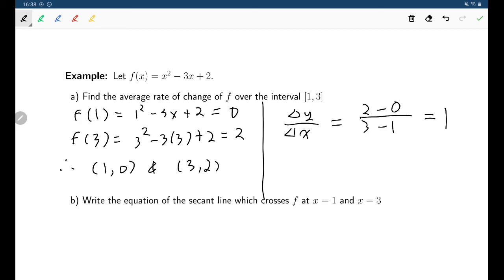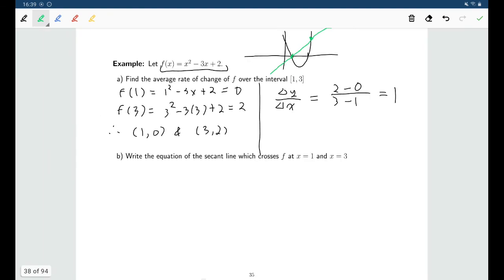So that means that if we were to graph f of x, and whatever it happens to look like, and we haven't talked about how we would graph this function or how we would be able to tell what it looks like, but if we were to graph it, we'd find that it has 1 point, 1, 0, and another point, 3, 2, and that if we connected those 2 points with a straight line, the slope of that straight line would be 1.